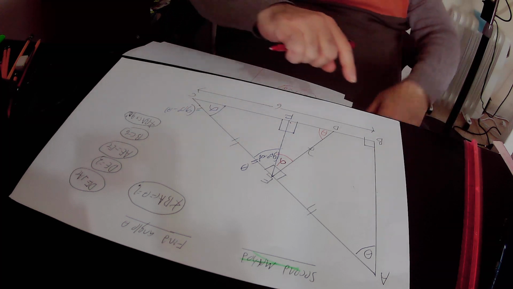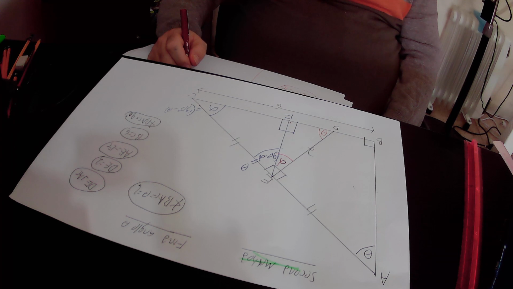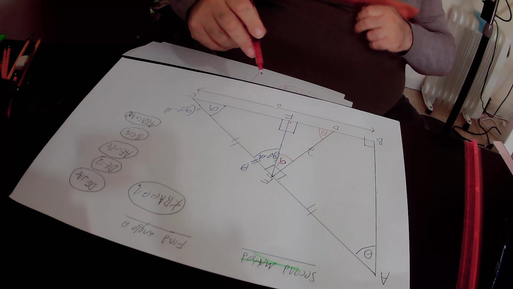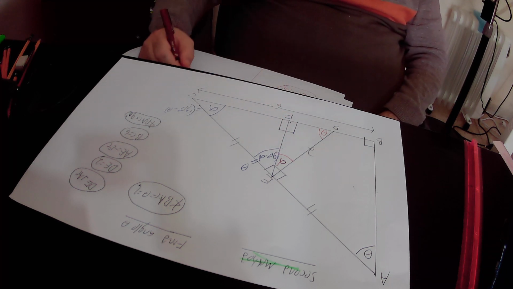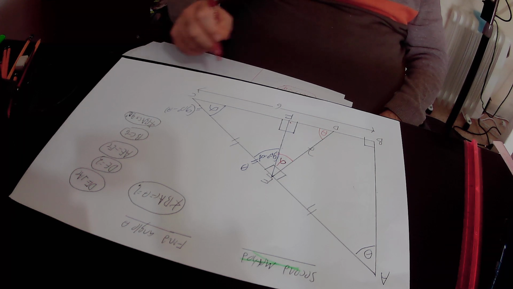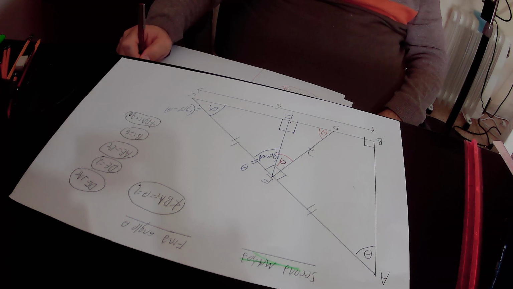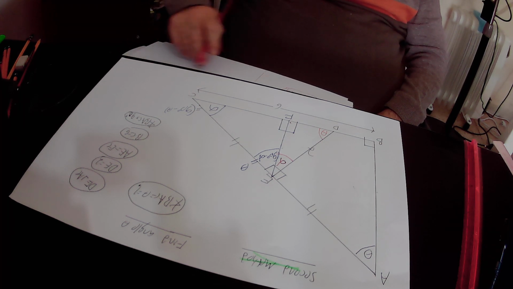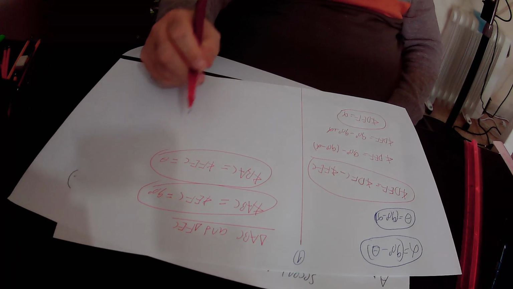That is to say, angle BAC, this angle, is equal to angle FEC, this angle, and both angles are equal to theta. I'll repeat again: angle BAC equals angle FEC, and both angles are equal to theta.